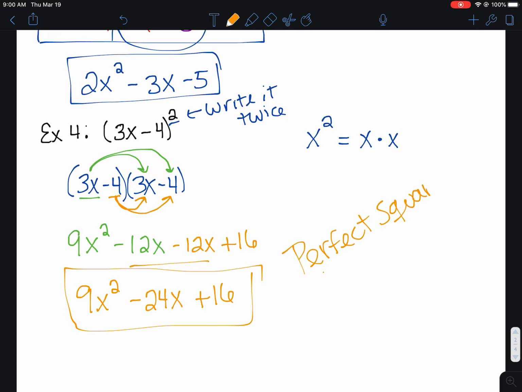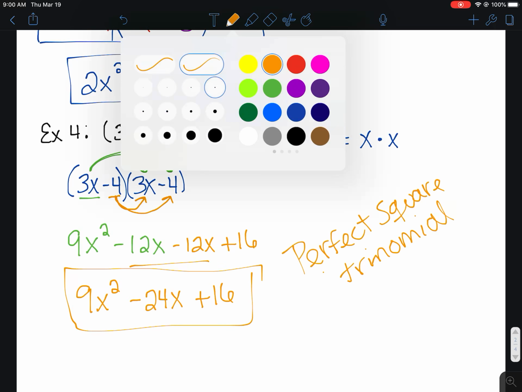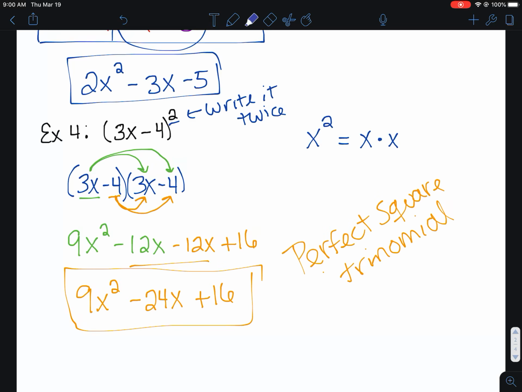This is also referred to as a perfect square trinomial, because if you look at, well, first of all, this polynomial here, there are 3 terms, and so that makes it a trinomial. The first term, 9x squared, is a perfect square. It's 3x times 3x.